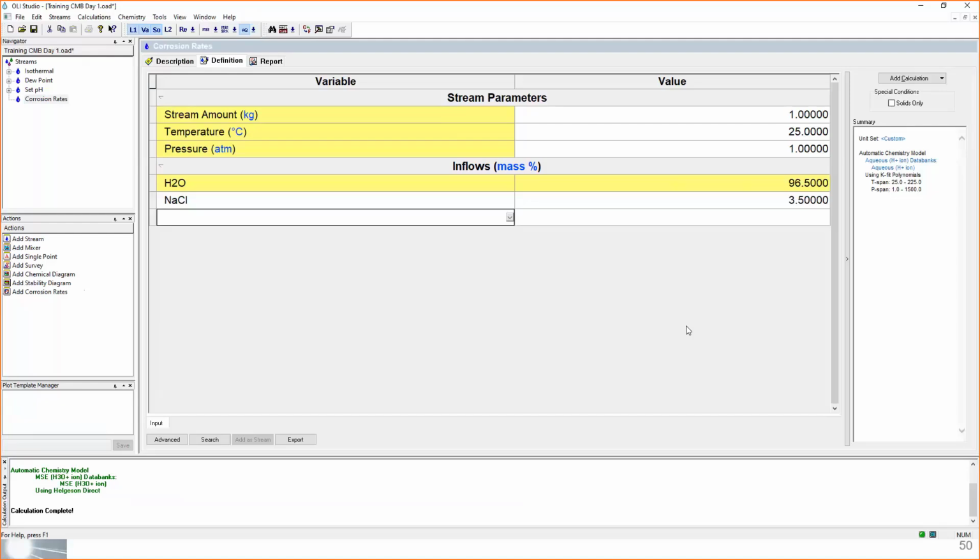So I'm going to add oxygen, O2, and I'm going to say that this would be 10 to the minus 4 weight percent. Usually this is the amount of oxygen that a solution will have. This is around 8 ppm of oxygen dissolved in solution. So that is how we define the chemistry for this specific corrosion rate calculation.